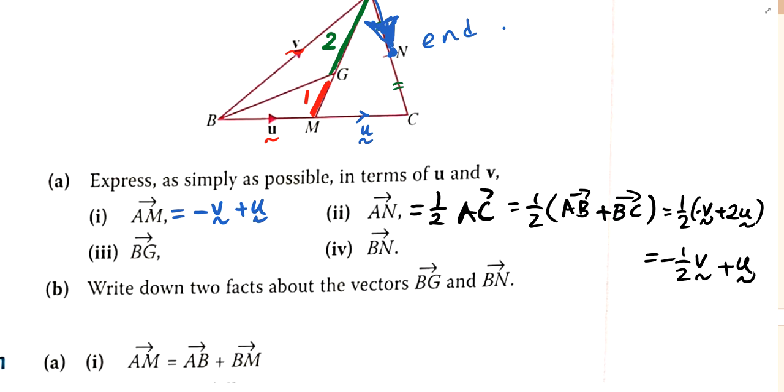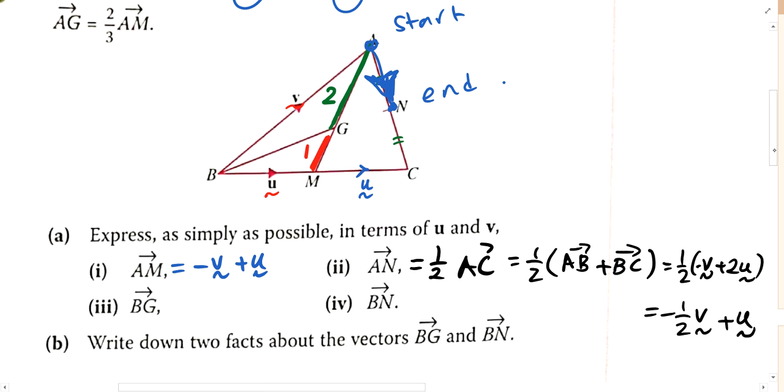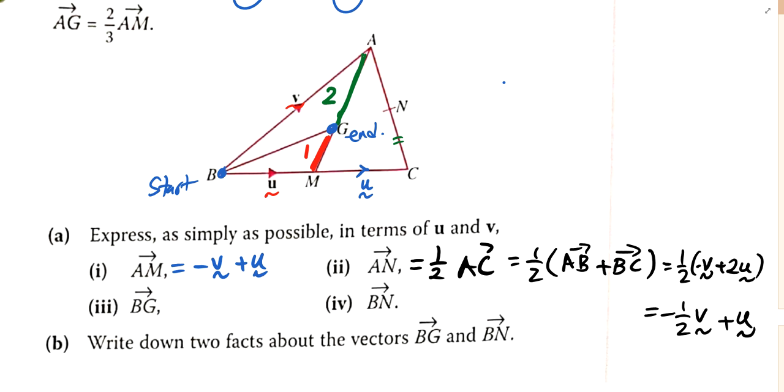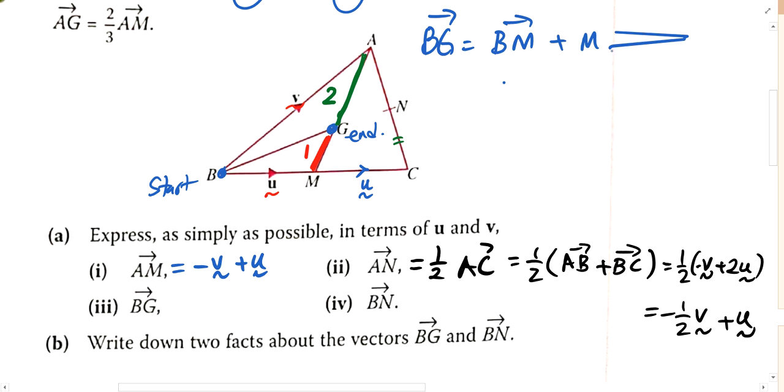Now about part 3, BG. It's a puzzle. So we say that BG is actually equal to B to M, then MG. Okay, so BM, we know that this is equal to U. What about MG?